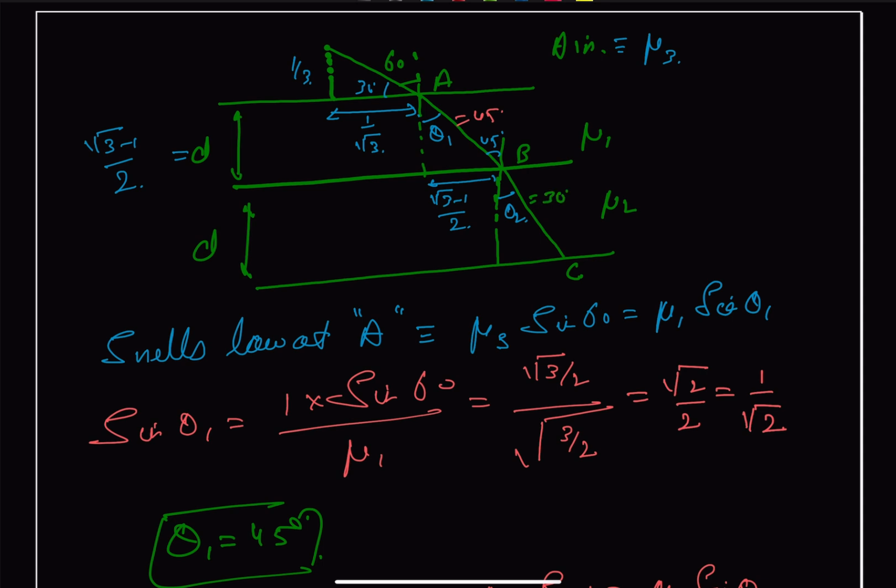So we found θ2 is 30, and this d is the same. So once again we can find this distance, and that will be root 3 minus 1 divided by 2 root 3. And we are also given the horizontal displacement which we found out. Let me call this d1, this distance d2, and this distance d3.